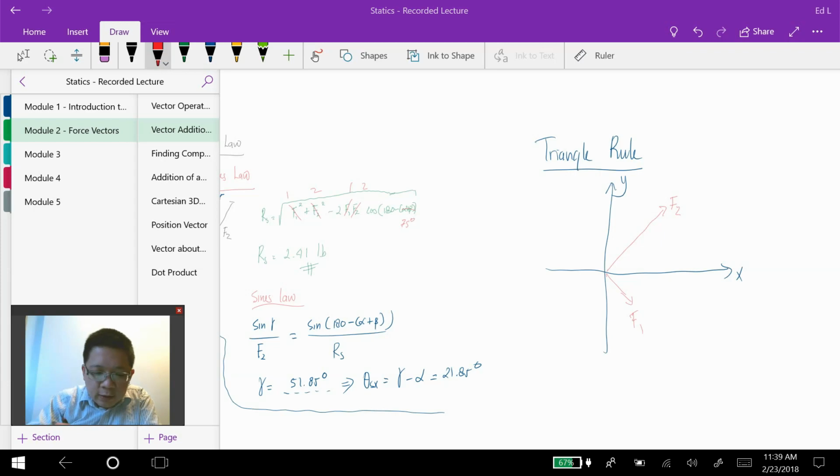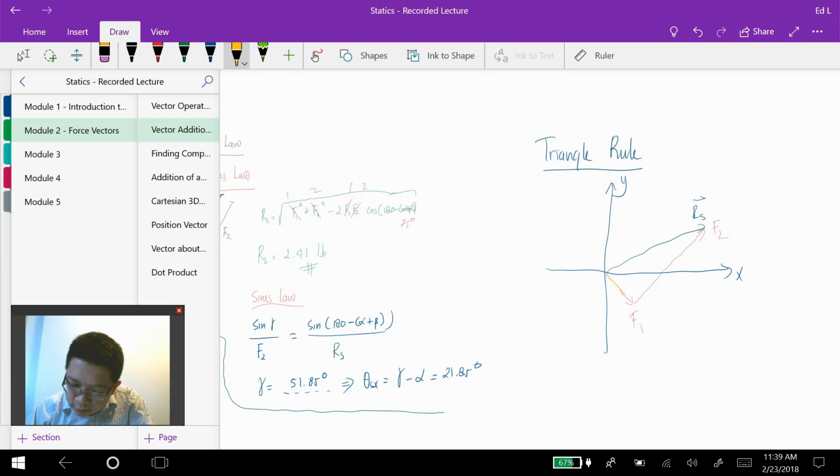And in here I would like to demonstrate to you, what if I put the tail of force F2 to the head of force F1, right? And then afterwards this is our Rs, right? And I can erase the original F2, and basically if you observe this triangle, they are basically the same, right?